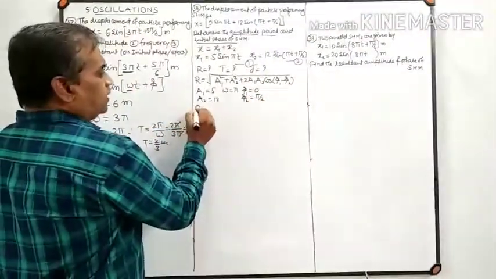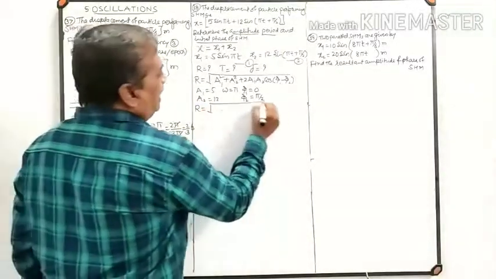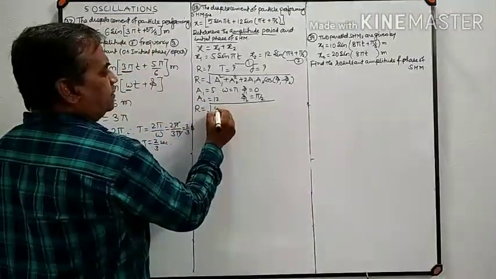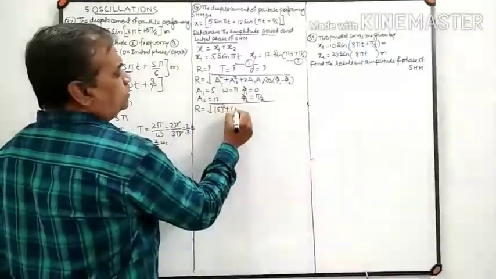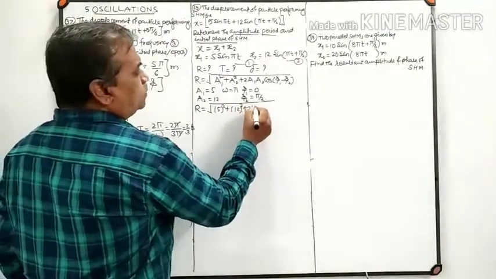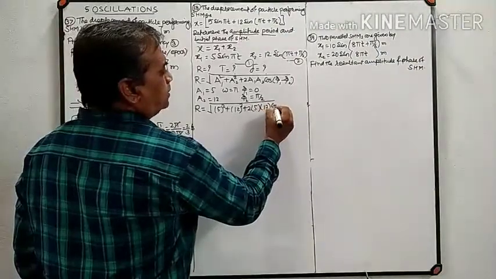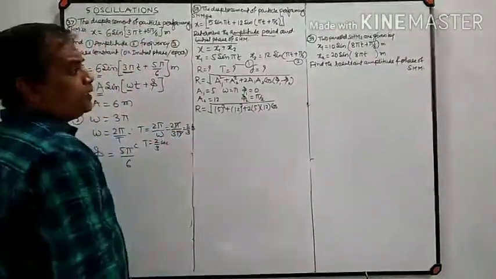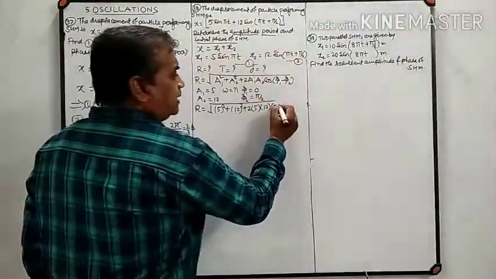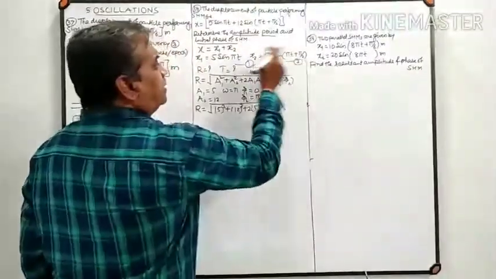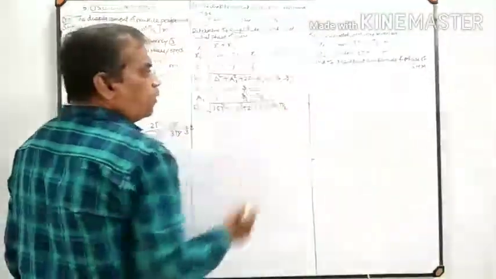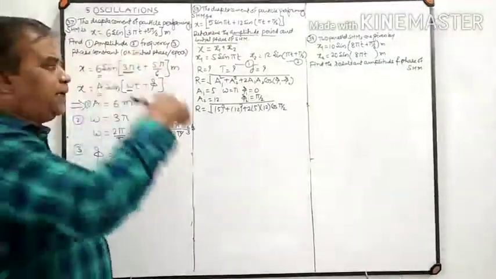Now from this you can find the value of R. R = √(a1² + a2² + 2a1a2 cos(φ2 − φ1)), that is 5 squared, 12 squared, plus 2 into 5 into 12 into cos of the difference. What is the difference? It is π/2 minus 0. What is cos π/2? Cos π/2 is 0.